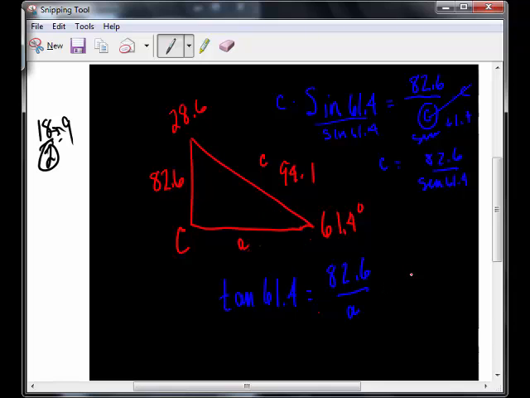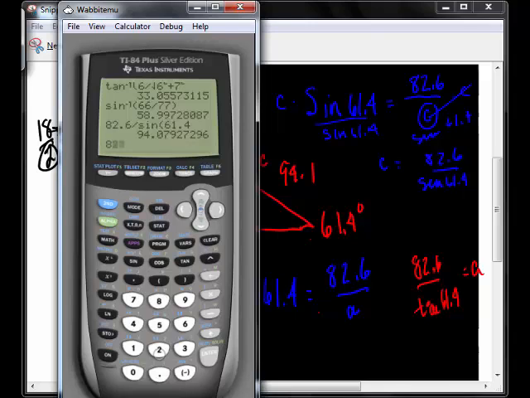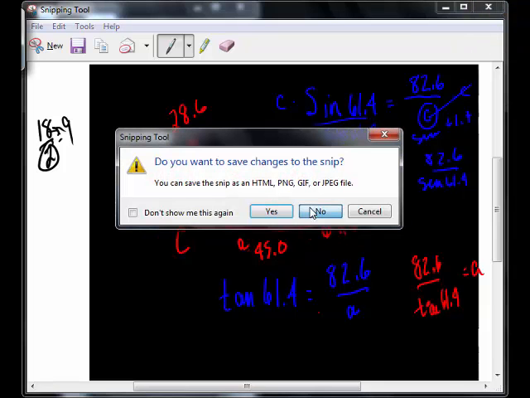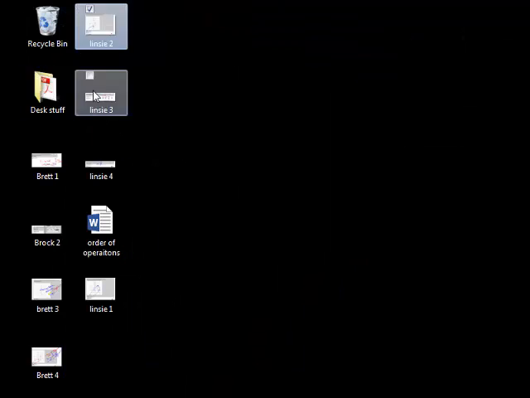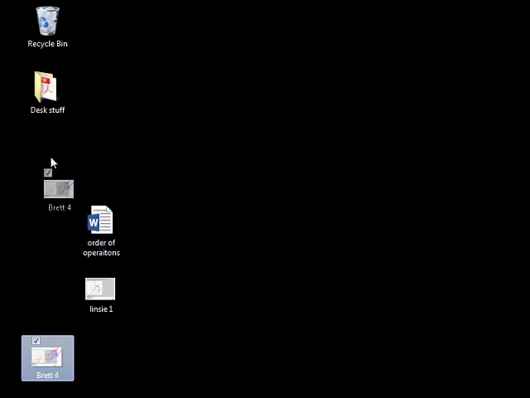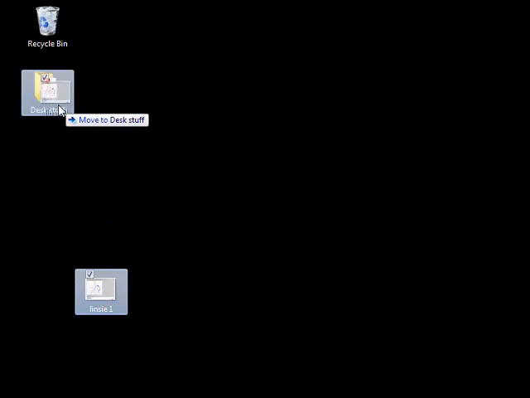And then do the same thing down here, 82.6 divided by tangent 61.4 is A. 82.6 divided by tangent 61.4, and we get 45.0. Okay, next.